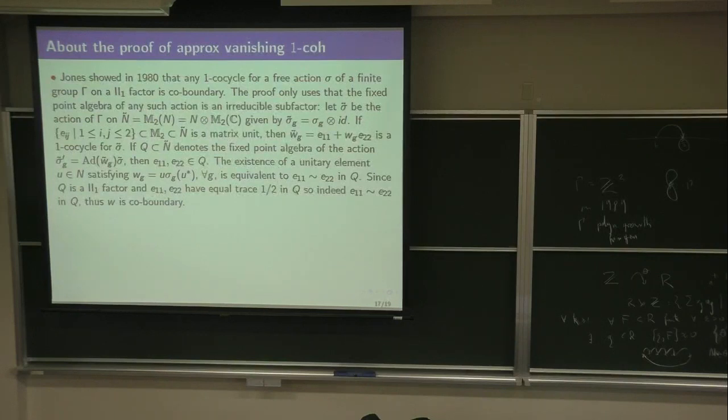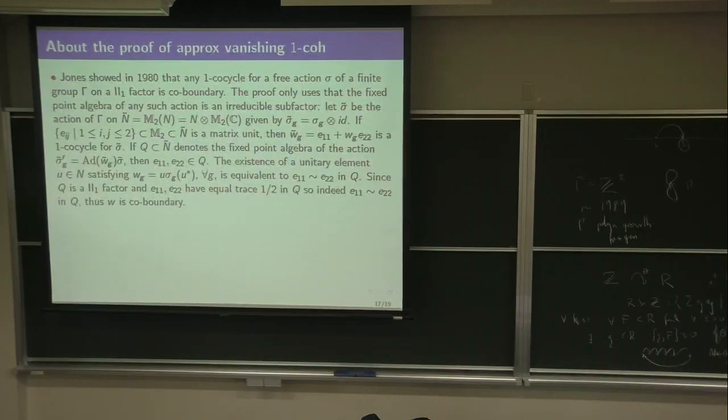So the proof of the approximate one cohomology. Let me go back to what I told you about this result of Jones from his 1980 paper, his thesis. I told you that he showed that not only are any two actions of a finite group on the hyperfinite II1 conjugate. That by itself already shows that in that case you have the vanishing of any one cocycle for the gamma action.